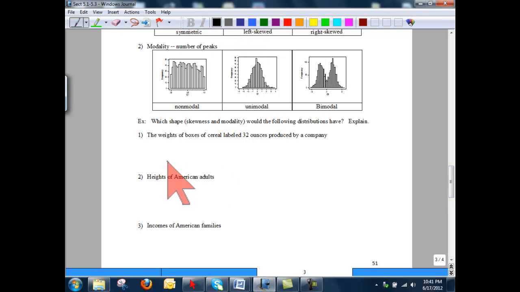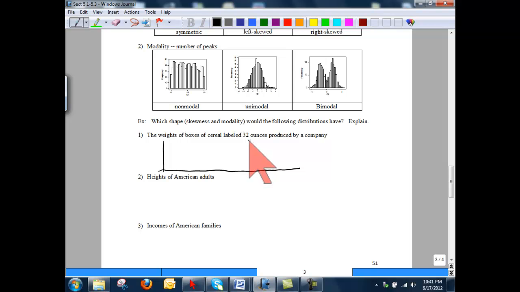Let's look at several examples here, and I'm just asking you to think about the overall shape. We're not even going to attempt to put numbers on these histograms, just to imagine what they might look like. If I were to go to a cereal company, where they fill cereal boxes and ship them out, and go look at an assembly line, a processing line, where they were filling boxes that were labeled 32 ounces.